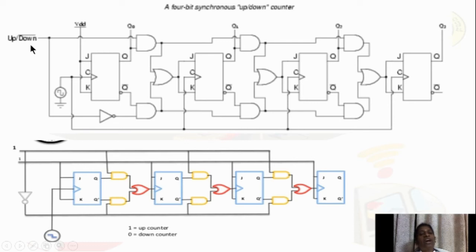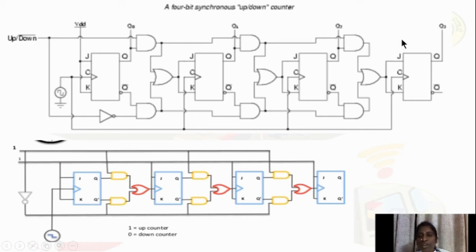So, whenever the up/down bar signal is 0, the lower AND gates will be enabled, then the counter will count in the downward manner. That is, the counter contents will be decremented by 1. It should work accordingly, up or down.